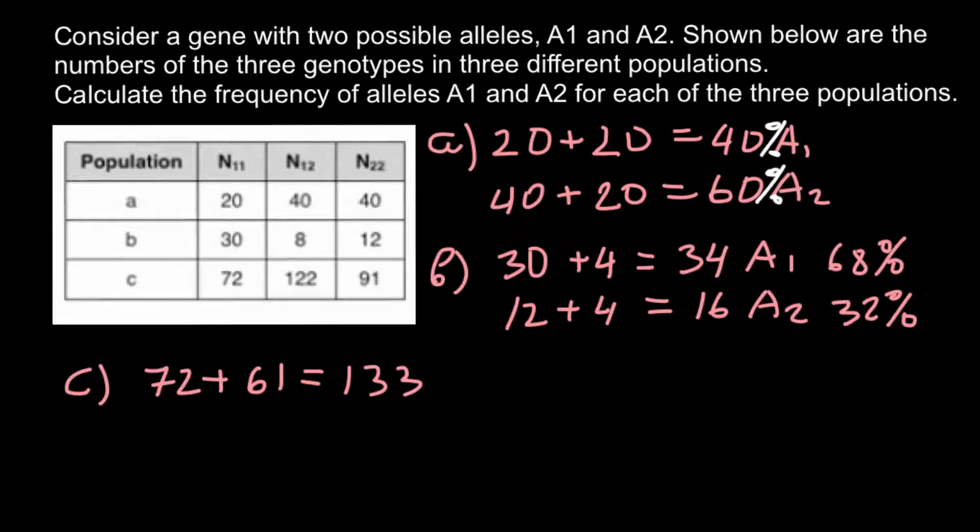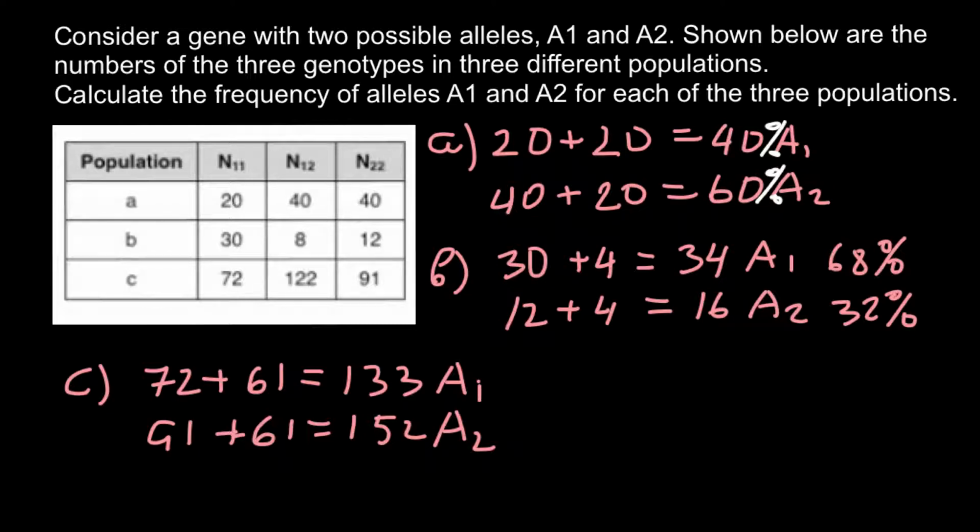And the number of A2 alleles would be 91 plus 61, which is half of the number of heterozygotes, and we get 152. So this is the number of A2 alleles, but this is not frequencies, this is just proportion: 133 of A1 allele to 152 of A2 allele.